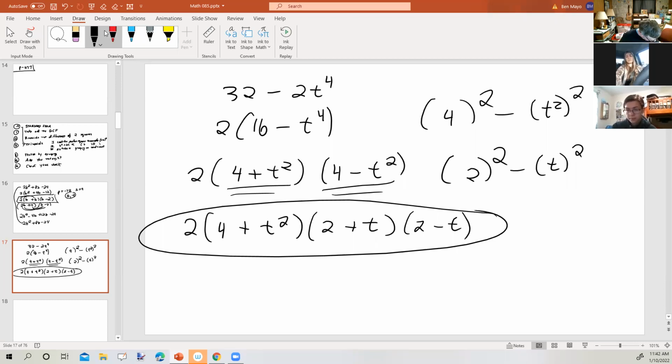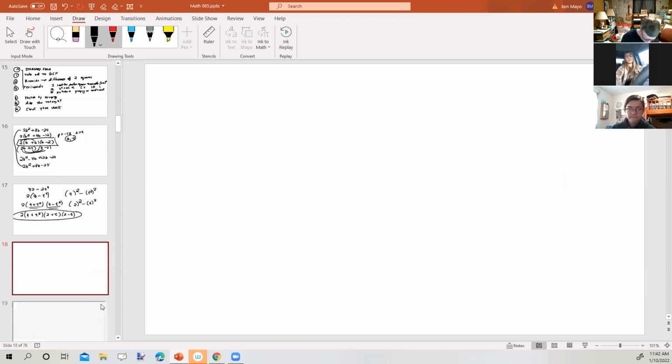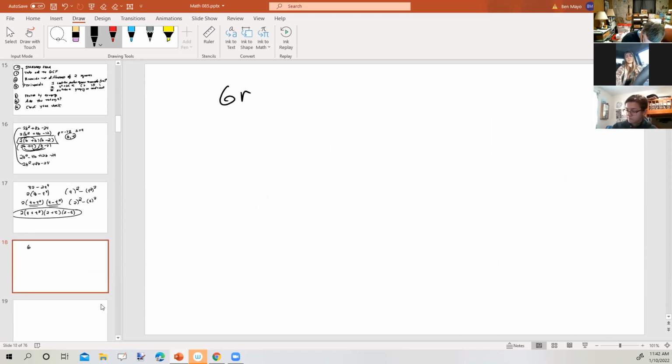All right, let's take a look at, let's see, this one. 6r squared plus 3rs minus 18s squared. Well, this is a trinomial.